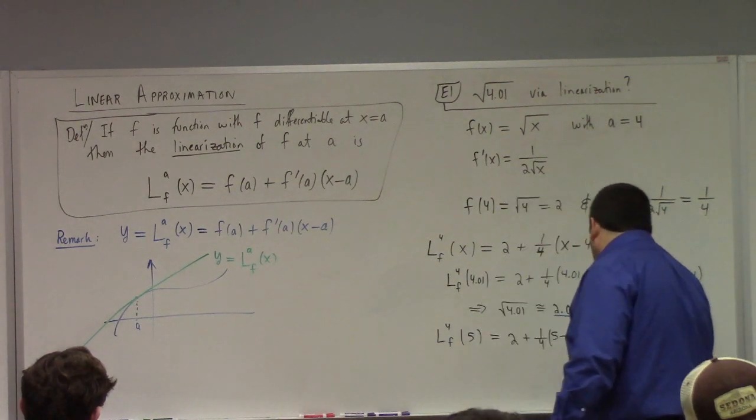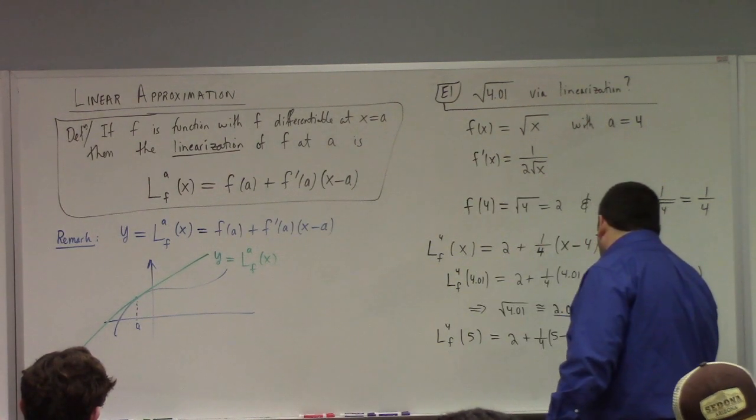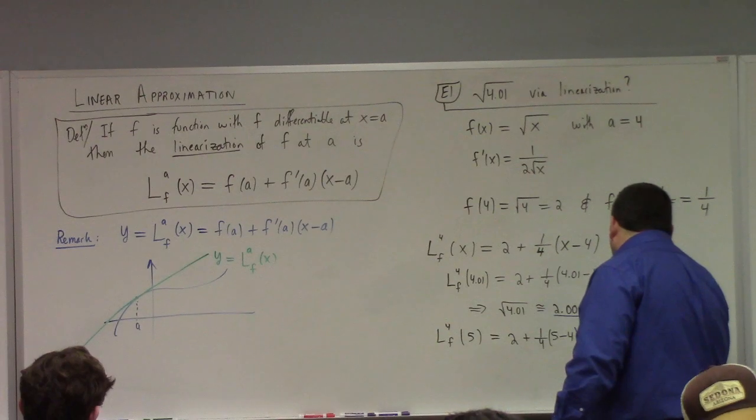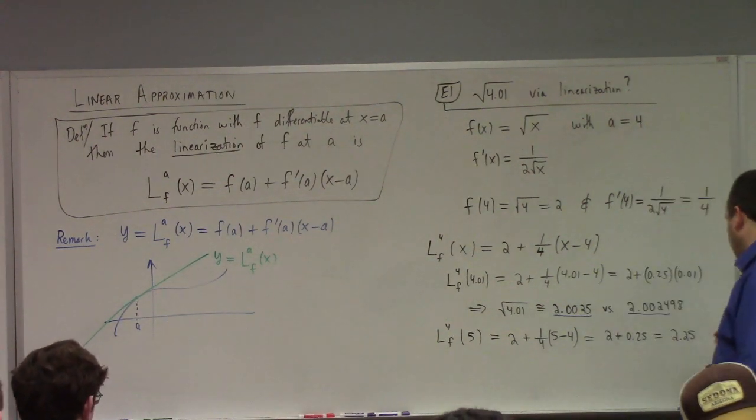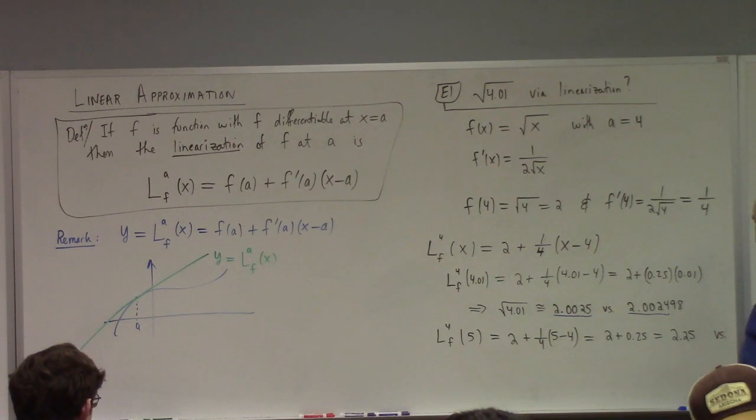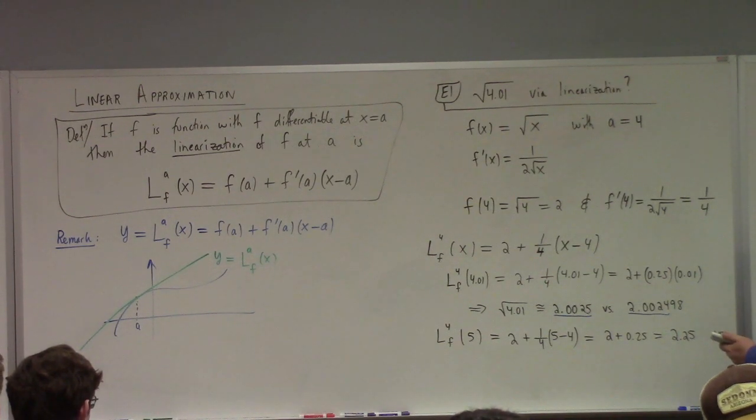Which would be 2 plus 0.25, which is 2.25. Versus, what's the calculator tell us the square root of 5 is? Well, actually, it's not too crazy. Square root of 5 is actually about 2.2361.